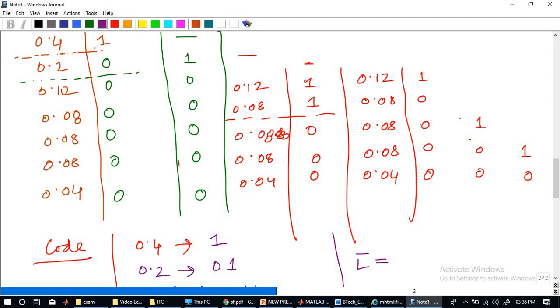Okay, in this case we are not doing it simultaneously. That's what you are asking. Yes, because when we are dividing this half, basically 0.12 and 0.08 has been taken as one group. So in this step, when you are going from this step to this, ideally there are two modules, right?